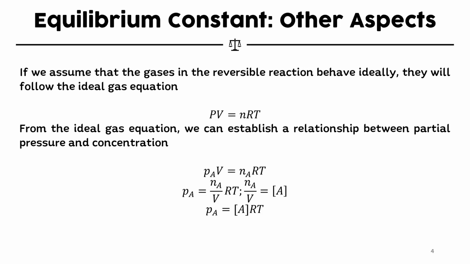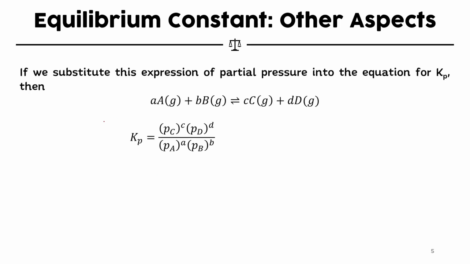Now we can apply this to the other components in this hypothetical reaction occurring in the gas phase. We substitute it into each of the components in the Kp expression, and it would look like this.